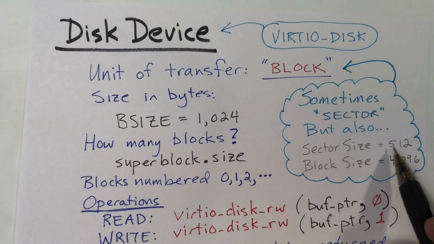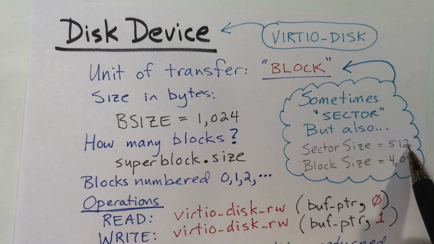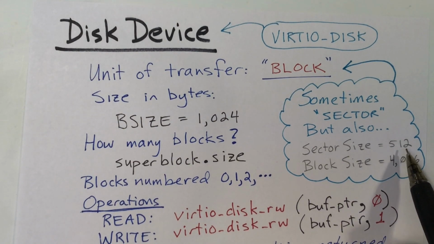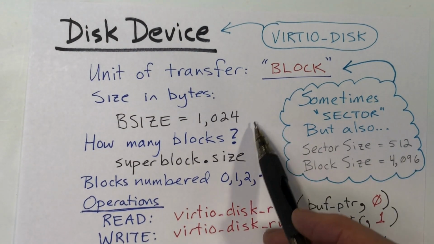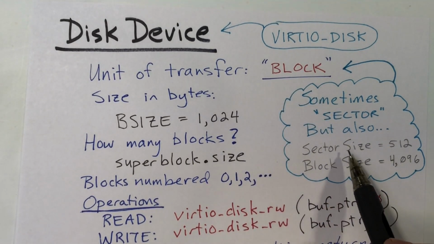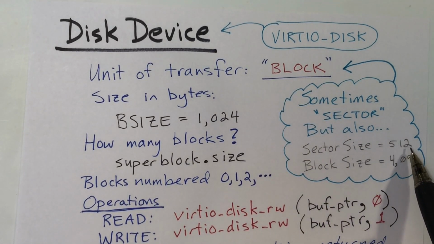One particular model of disk might have a sector size of 512, while some other kind of disk might have a different sector size. But by having the operating system work in terms of blocks, we can ignore the different sector sizes of the individual models of disk drive.